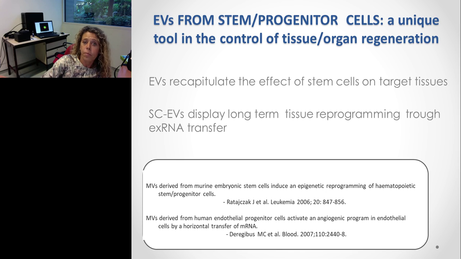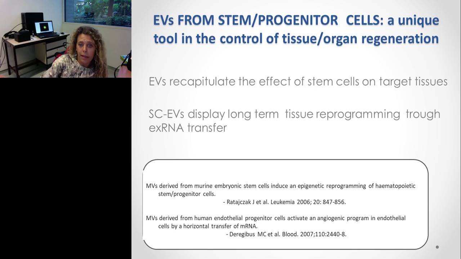And mesenchymal stem cells are the best example of stem cells for regenerative medicine. I mean, they are the most used in clinical trials, and obviously they have been the first to be considered for a possible use of extracellular vesicles in that application.